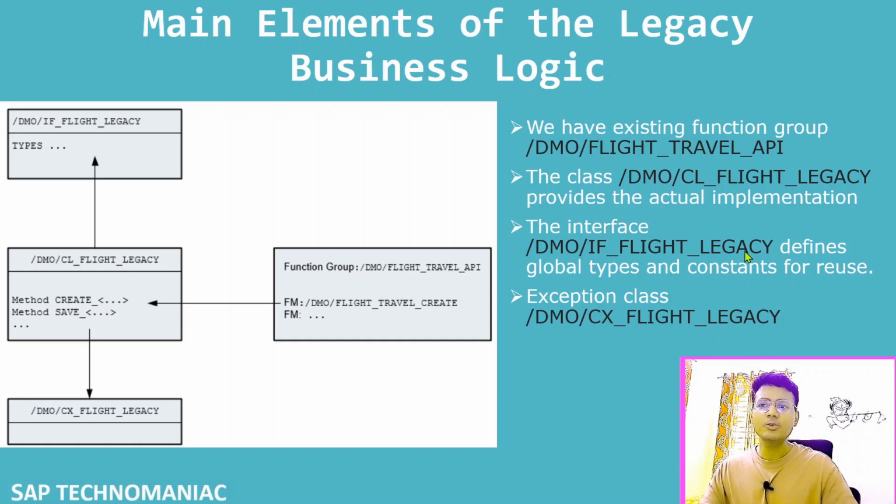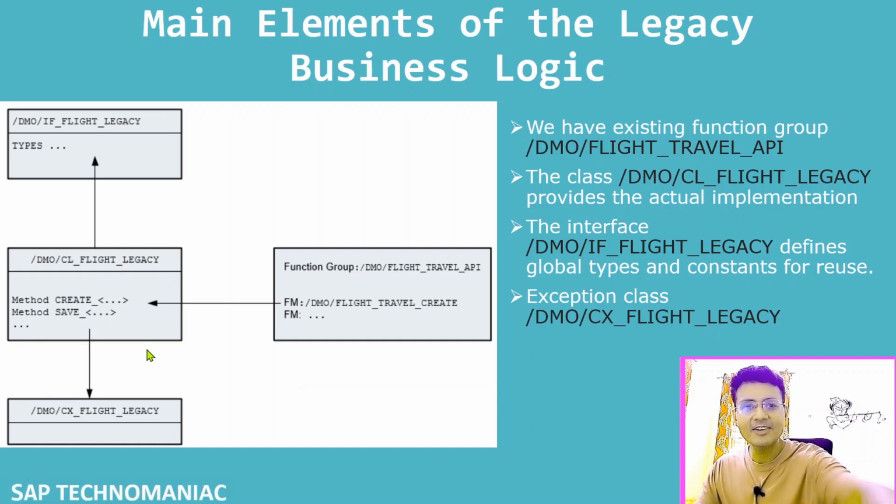We have the interface also, which has most of the defined global types, and one existing exception class, which raises most of the error messages. So some person predicted the future and developed that kind of thing.